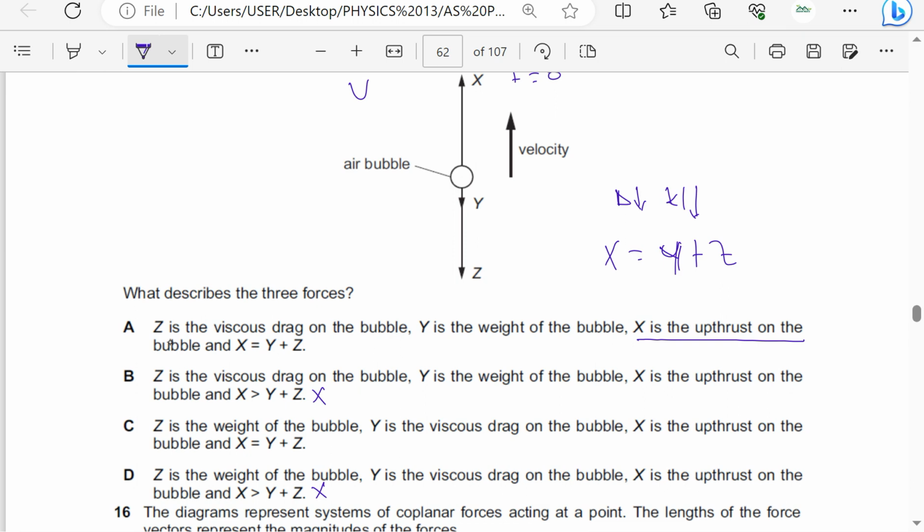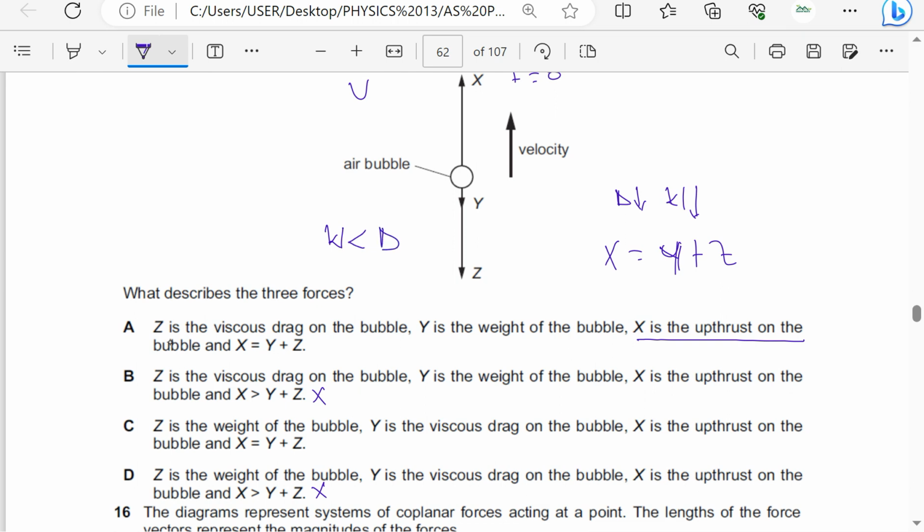But then let's check. X is the upthrust on the bubble. Z is the weight of the bubble. Y is the viscous drag. Of course, for an air bubble which is very light, the weight is going to be smaller than the viscous drag. So the weight should be less than the viscous drag.